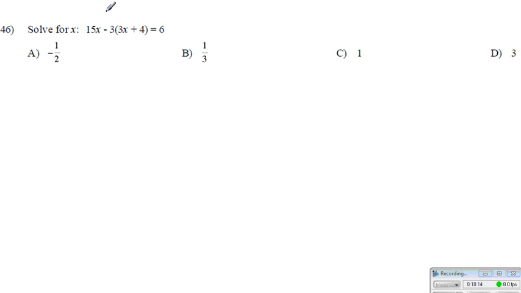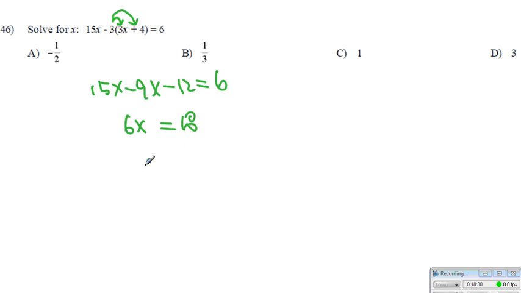Number 46, all you have to do is distribute negative 3, so 15x minus 9x minus 12 is equal to 6. So here we have 6x is equal to 18, and x equals what? 3. So that becomes our answer.